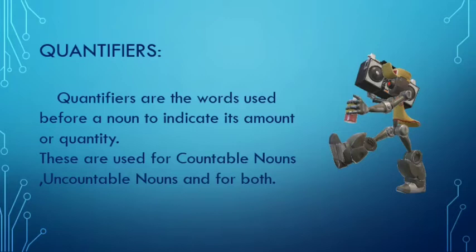Countable nouns name things, persons, places, animals we can count. Generally, these countable nouns are expressed in plural number. So what are uncountable nouns? Uncountable nouns name things like water, milk, butter, and qualities like beauty, courage that we cannot count.